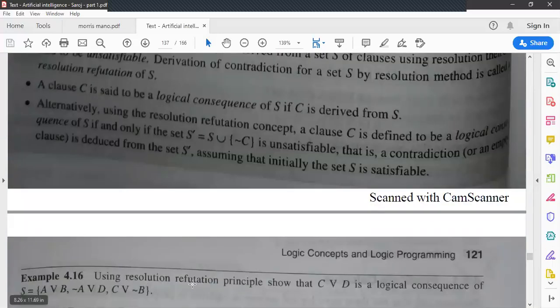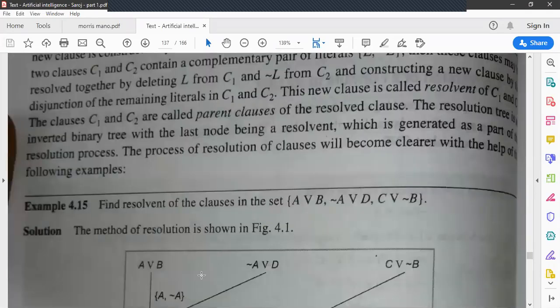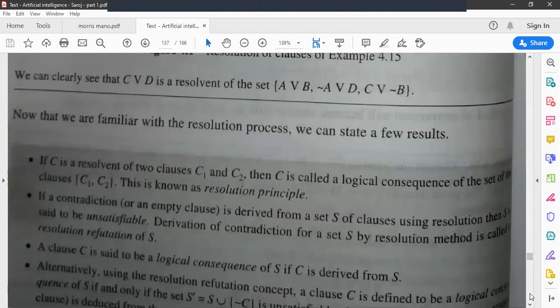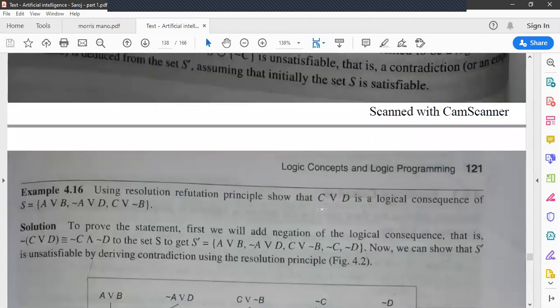using resolution refutation principle. Show that C or D is a logical consequence of this set which contains three clauses: A or B, not A or D, C or not B. What happened here is, in this problem, given a set of clauses, you are trying to find the resolvent, whereas in this you have to prove that C or D is a resolvent or a logical consequence of this.